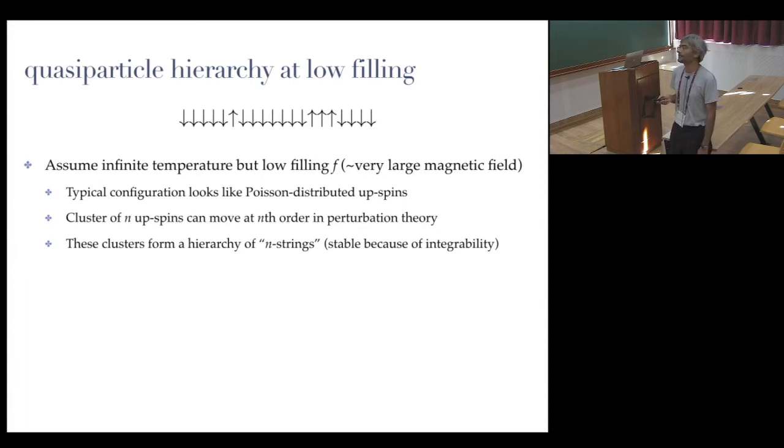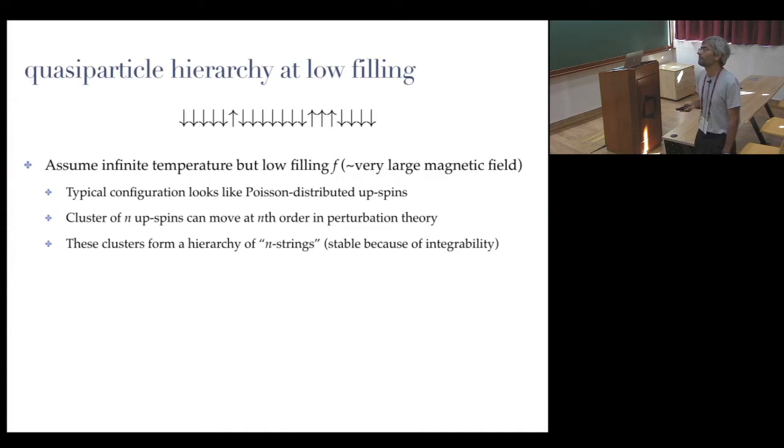And so a few things are fairly obvious at the outset. A single upspin can move at first order in perturbation theory in the hoppings because there's nothing stopping it from moving. A clump of 3 upspins can only move together at third order in perturbation theory because otherwise you'd change the energy of the system, and that'd have a denominator.